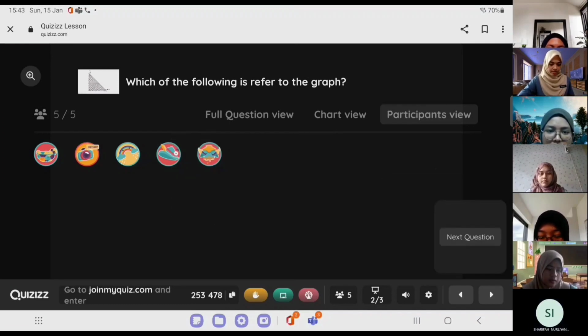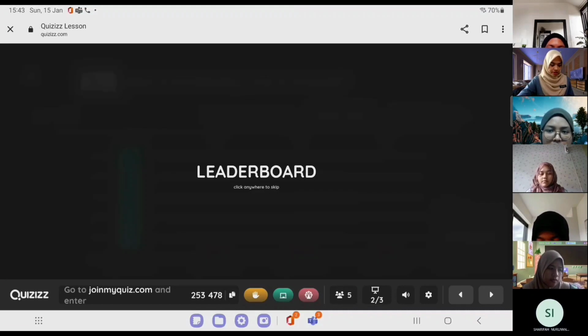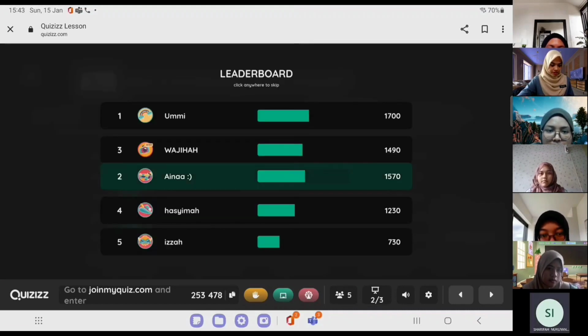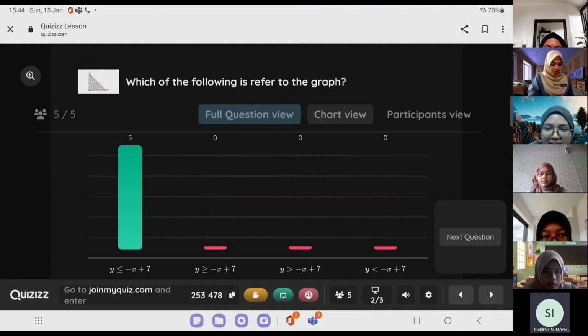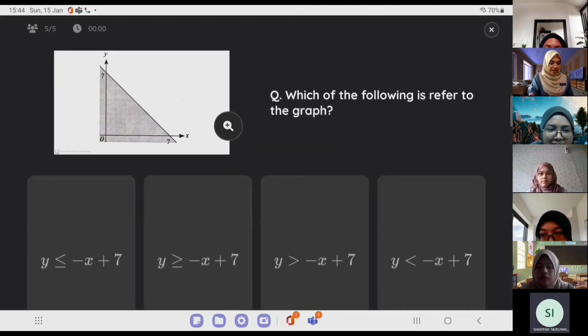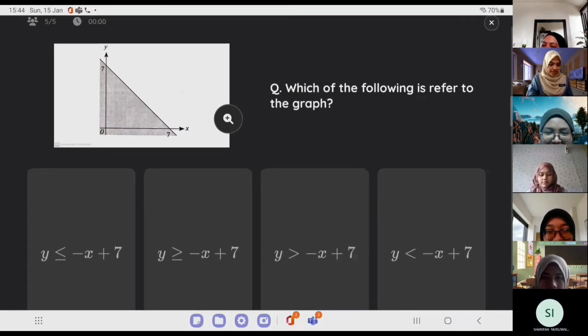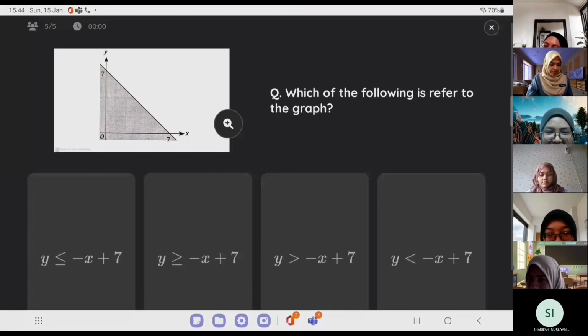All right. Everyone answered the question correctly. Let's see the question. Aina, could you explain why you chose that answer? First, I see the graph.